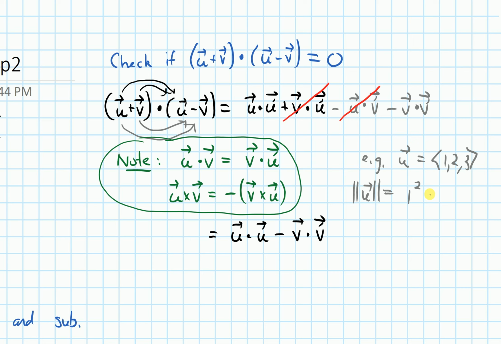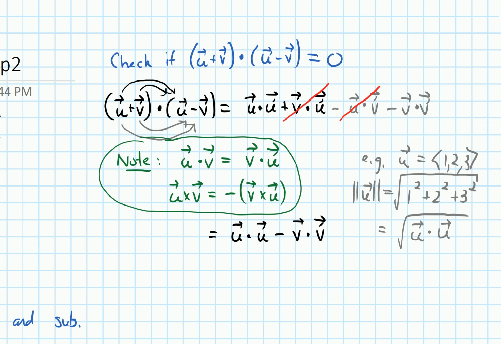So 1 squared plus 2 squared plus 3 squared, and then I square root that. But what I want to notice is what's inside, 1 squared plus 2 squared plus 3 squared, we could get that if we were to take the dot product of u with itself.